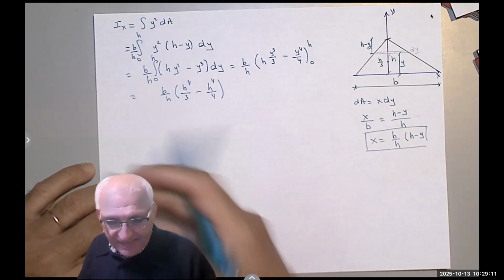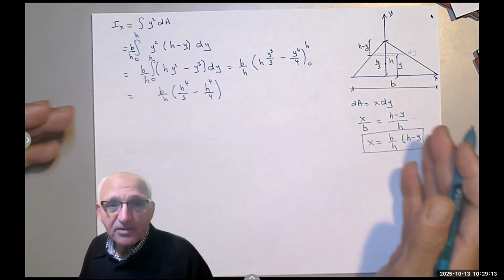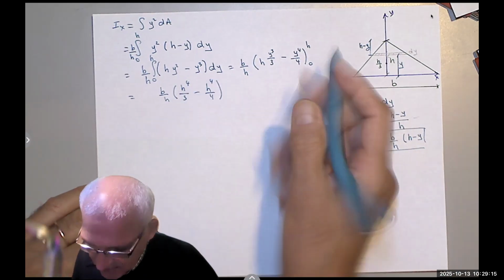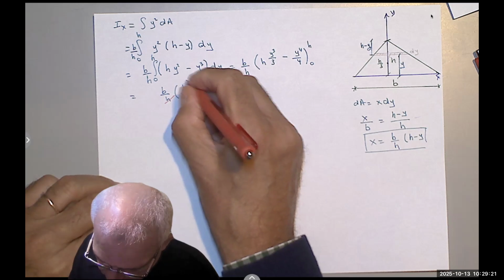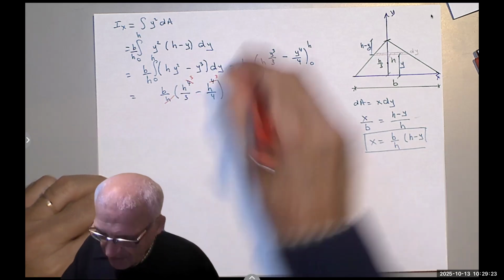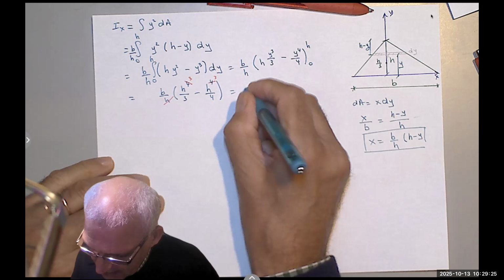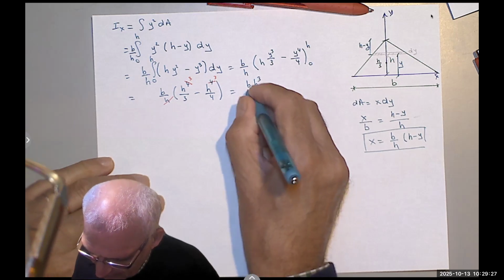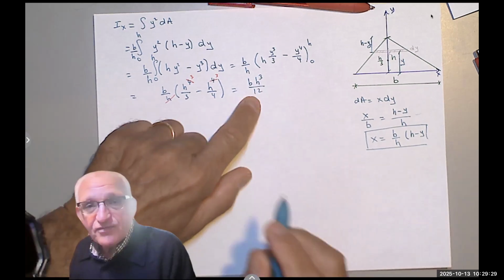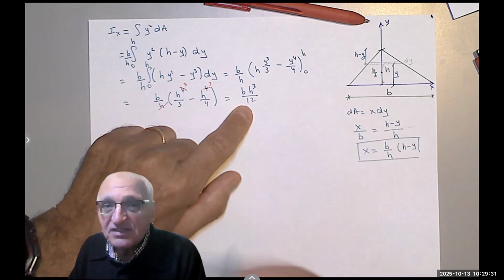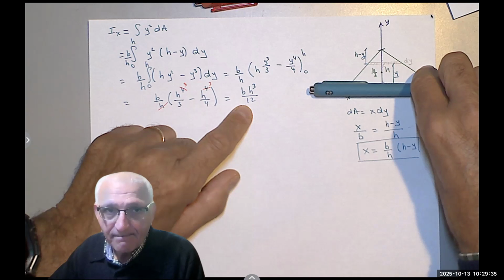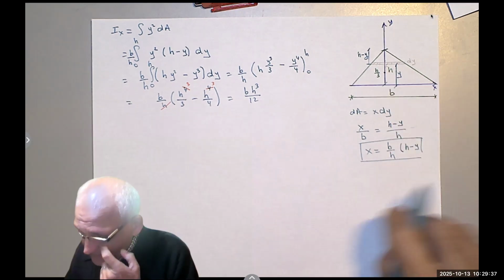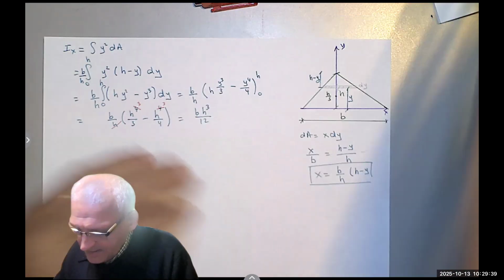Again, we did that for the rectangle when we took a common base of 12 and we got h. Notice that I can simplify the h with those, make them cubed, and I will get bh cubed over 12, which is the moment of inertia of a rectangle about its centroid. But for the triangle, it's about its base. So finding it about the centroid is easy, right?